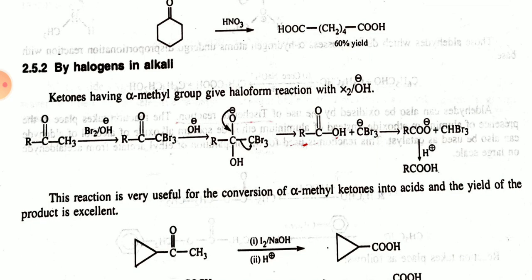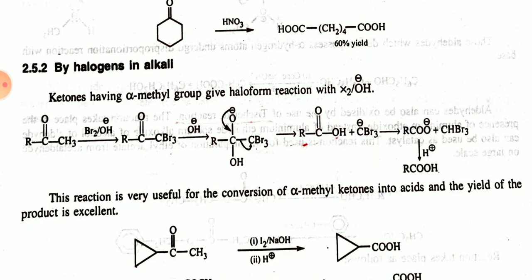Now in this molecule, if OH is attacked on the carbon position, the electrons move from the carbon-oxygen bond to oxygen, and you will get the negative charge over here.